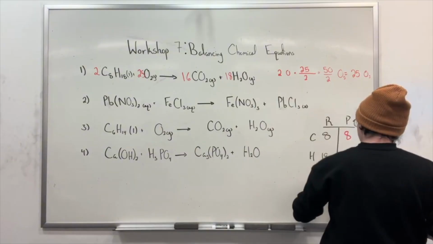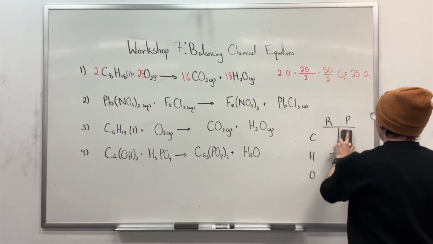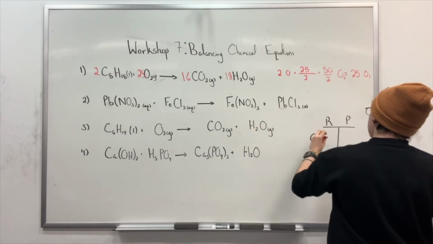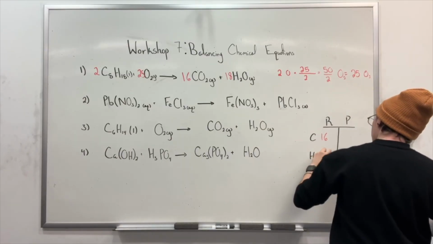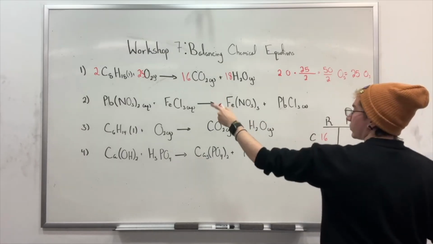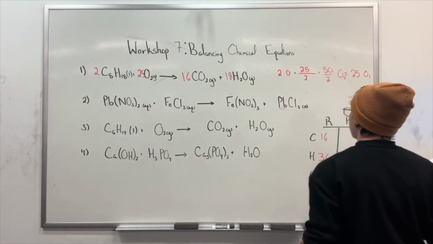And just to check that this is still balanced, we could actually change all of these numbers since we just put a coefficient in front of everything. We have 16 carbon, 36 hydrogens, and 25 times 2, 50 oxygens.